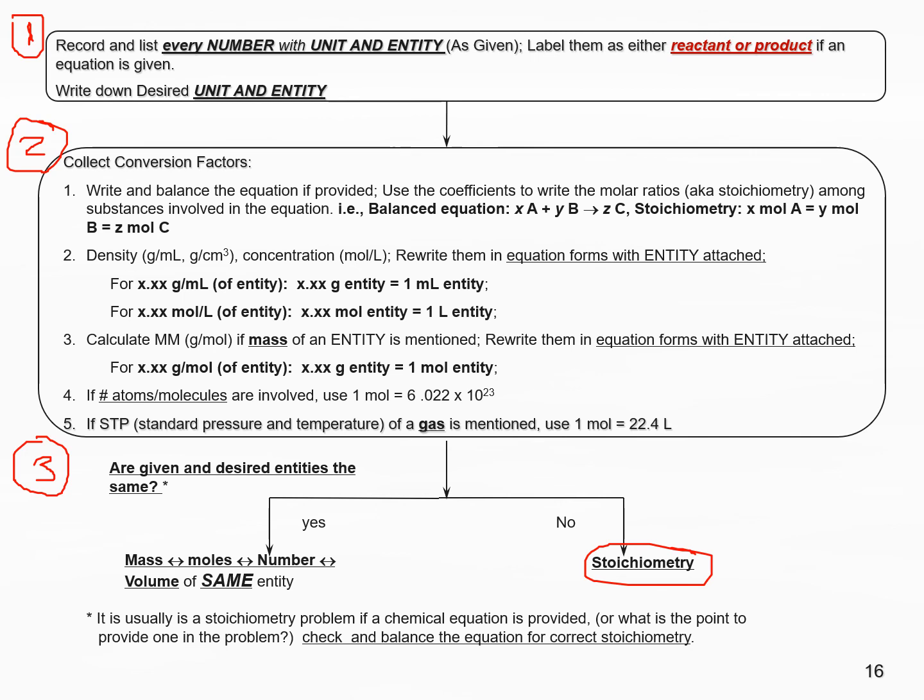If you are given a chemical equation, I would say 95% of the time it is a stoichiometry problem. Because logically, what good is a chemical equation if it is not a stoichiometry problem? It's pointless to provide an equation if it's not a limiting reactant or stoichiometric question. So there are a lot of ways to prove our skills, and that's one way we need to realize.